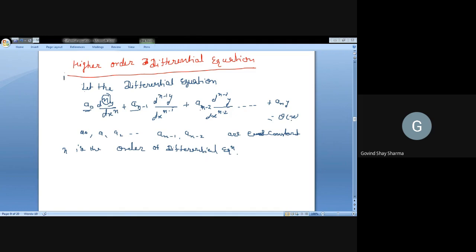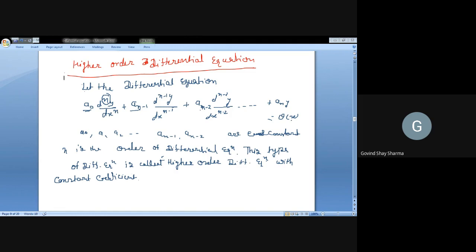So this type of differential equation is called higher order differential equation with constant coefficients.